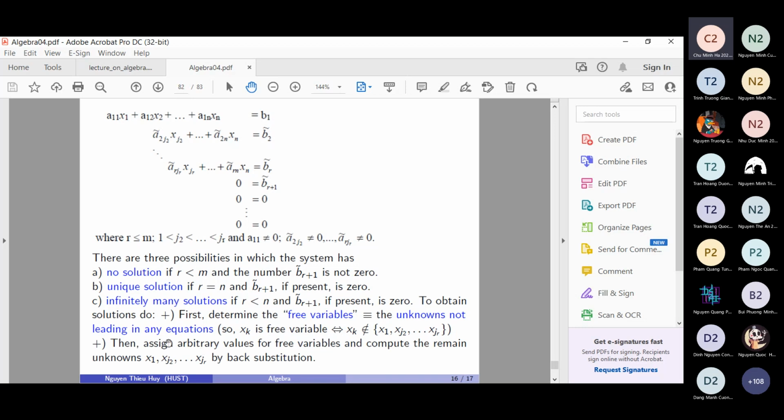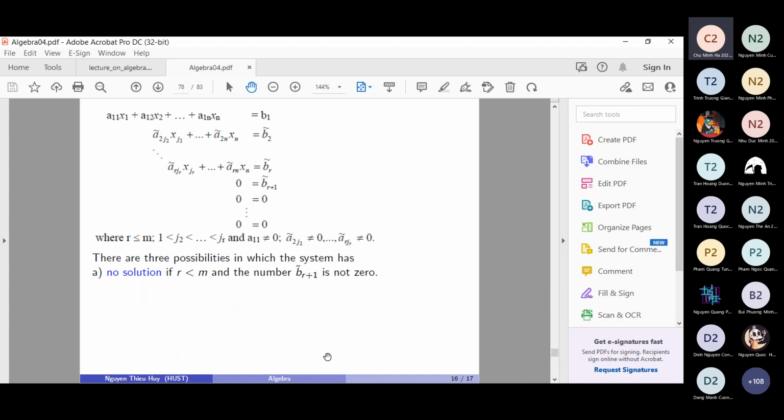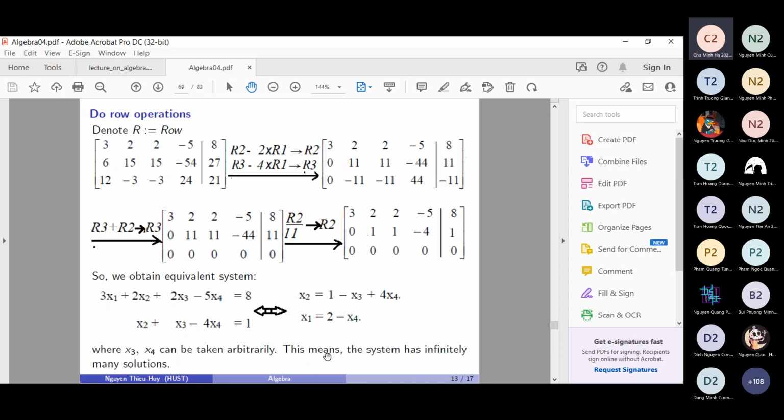So we assign arbitrary values for the free variables, such as x3, x4 that we saw in the last example, and then you compute the remaining x1, x j2, up to x jr just by substitution, with respect to the free variables.